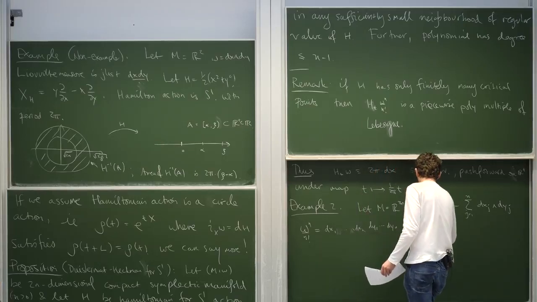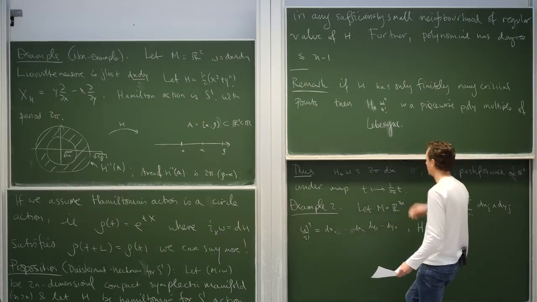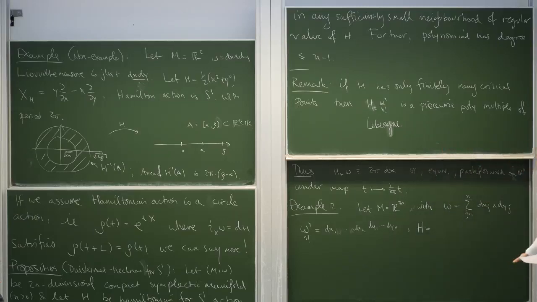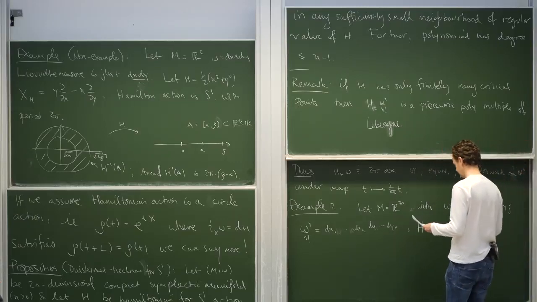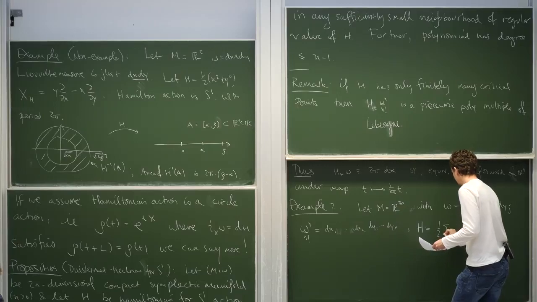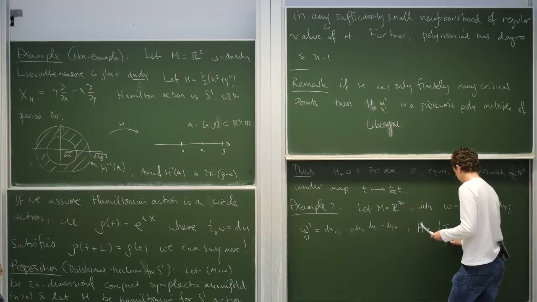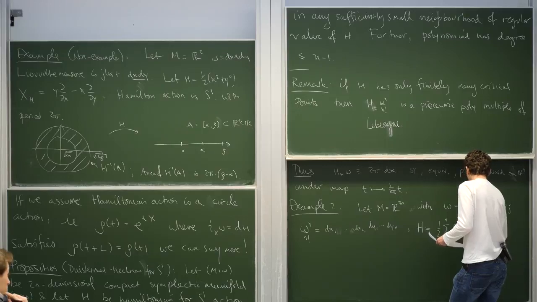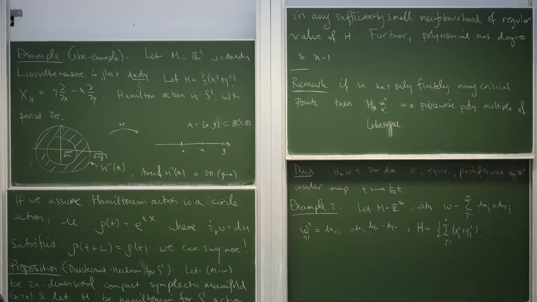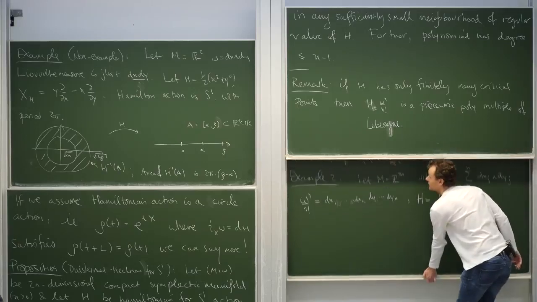And we'll let the Hamiltonian be not quite the harmonic oscillator now, but a sum of independent harmonic oscillators. So already you see here some slight surprises. So the Hamiltonian function is that of n independent harmonic oscillators.